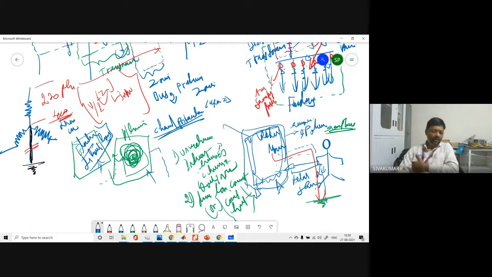So whenever the neutral point is disconnected, again that is the potential across this winding, or it can act as a phase to line voltage.